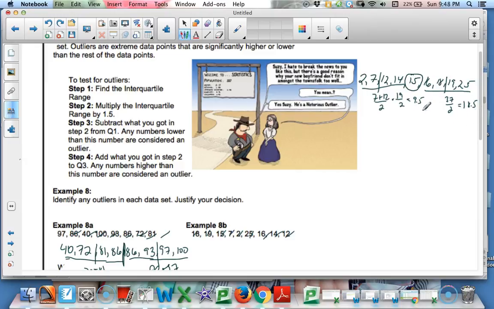So this is my Q1, and this is my Q3. Now I'm going to subtract to find my actual IQR. IQR is going to be 18.5 minus 9.5, which is just 9.